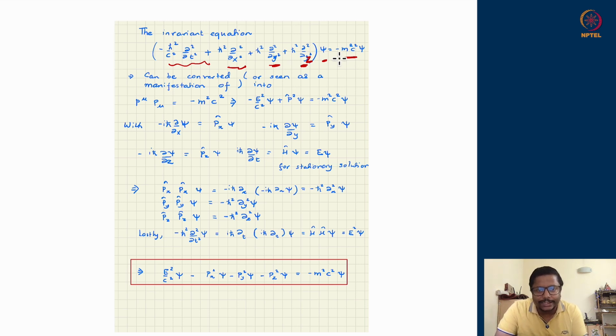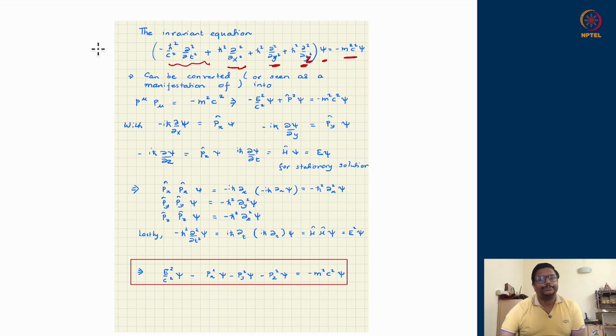Now one can see that this equation can be converted in terms of some meaningful operators which we are familiar with. And what are those? So first of all, we have demanded that the wave function which we are looking for can be separated in x, y, z and t as well.